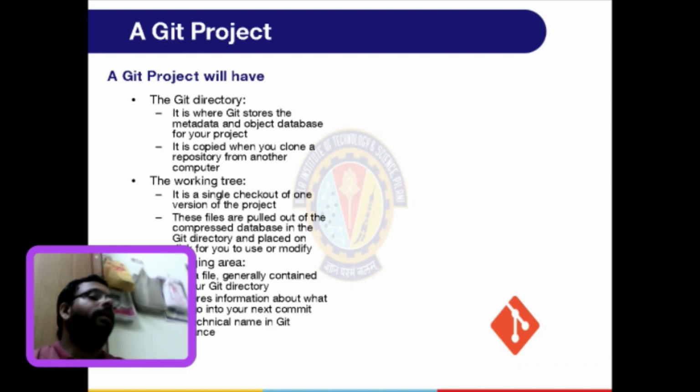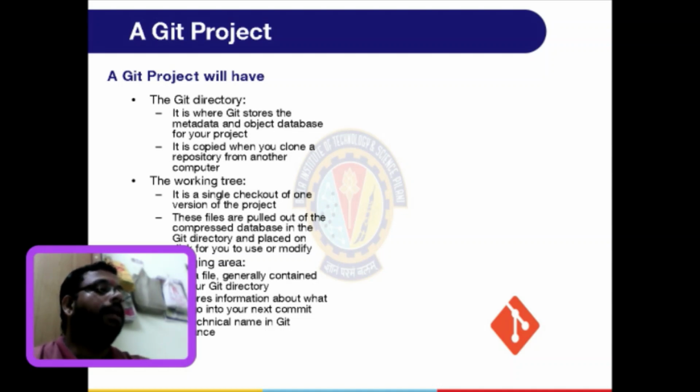Git workflow. The basic Git workflow. You modify files in your working tree. You selectively stage just those changes you want to be part of your next commit, which adds only those changes to the staging area.